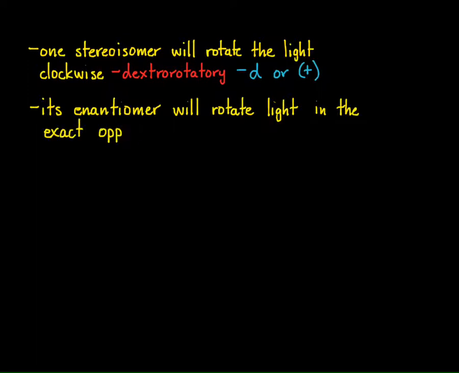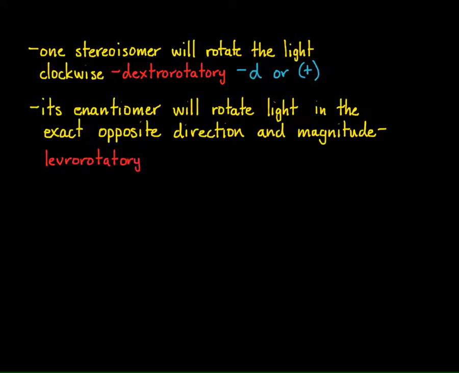And then of course the enantiomer of the isomer rotates that light in the exact opposite direction and magnitude. So it's important to understand that both the direction and the magnitude of that rotation are exact opposites, right? So the magnitude's the same, but the direction is opposite, and we call that levorotatory.